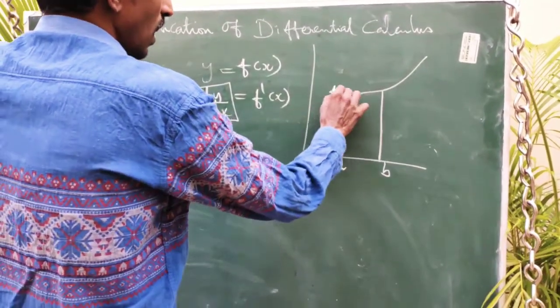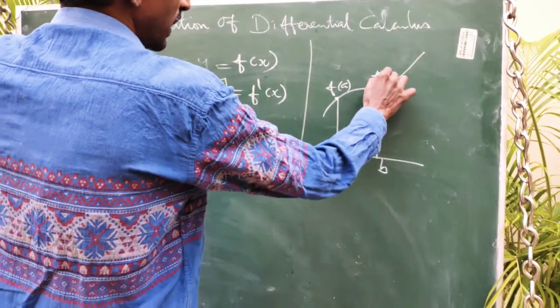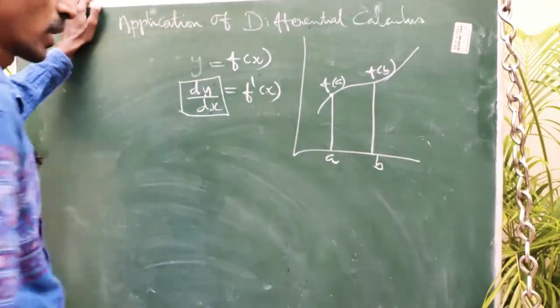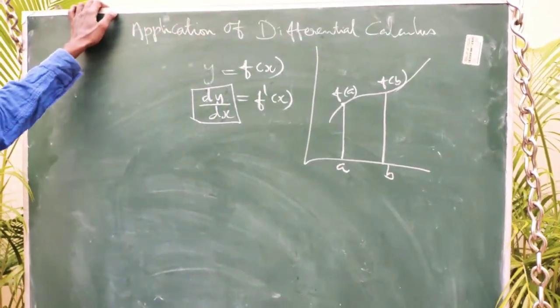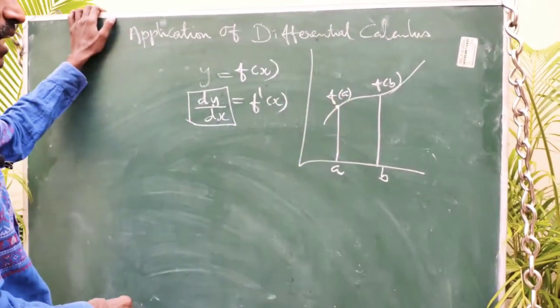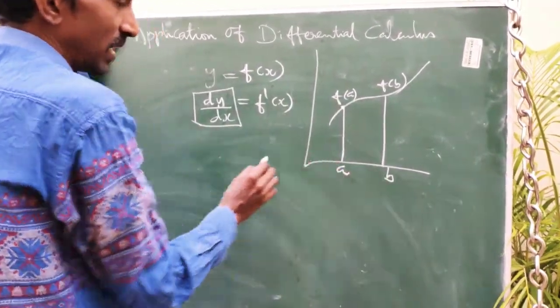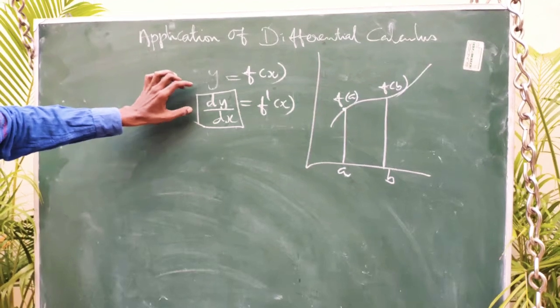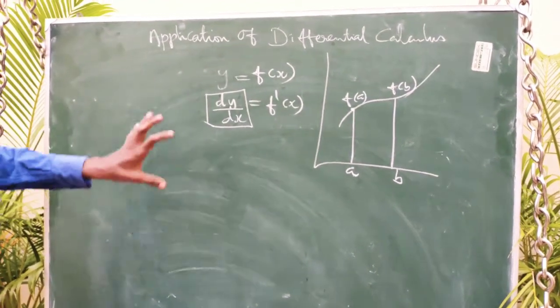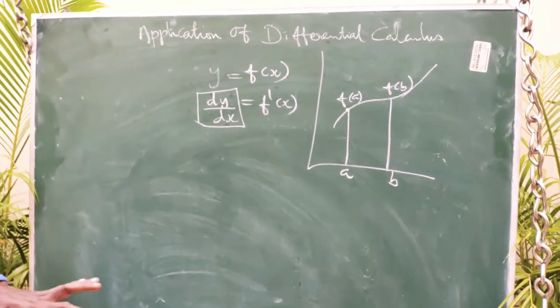So it is f of a and it is f of b. So change in y is nothing but f of b minus f of a. Change in x is b minus a. So change in y by change in x, that is called as the rate measure.